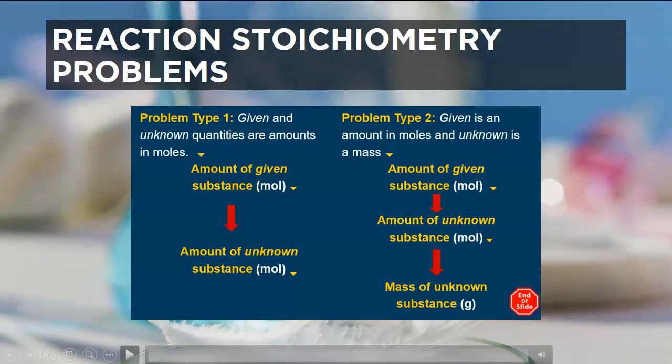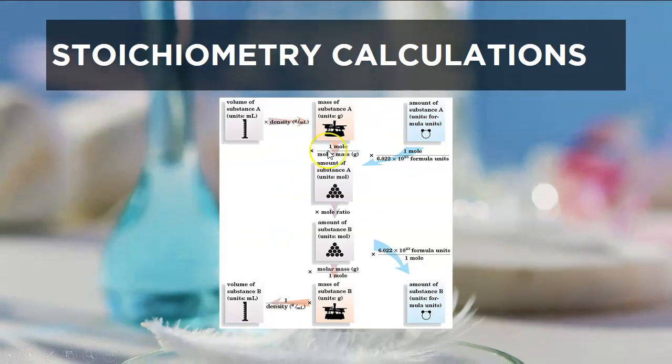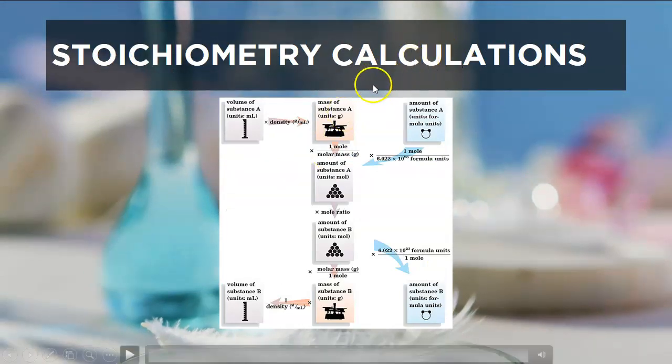So there's actually 4 types of problems we're going to look at first with stoichiometry. And it makes a little bit more sense if we look at the big picture. So basically, I could figure out how much mass of one substance I could make if I started with a mass of another substance.